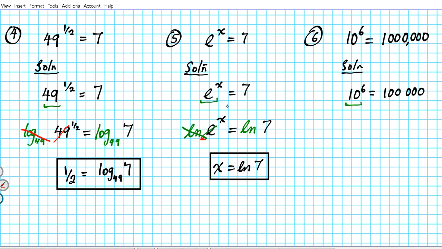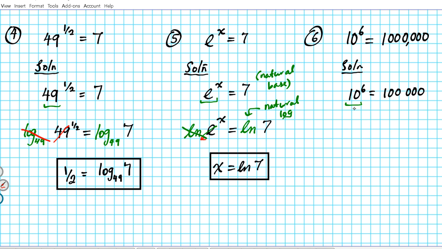For number 5, the base was e, this is known as your natural base. This is a natural base situation for number 5. For a natural base, you use your natural log. ln is known as your natural log.